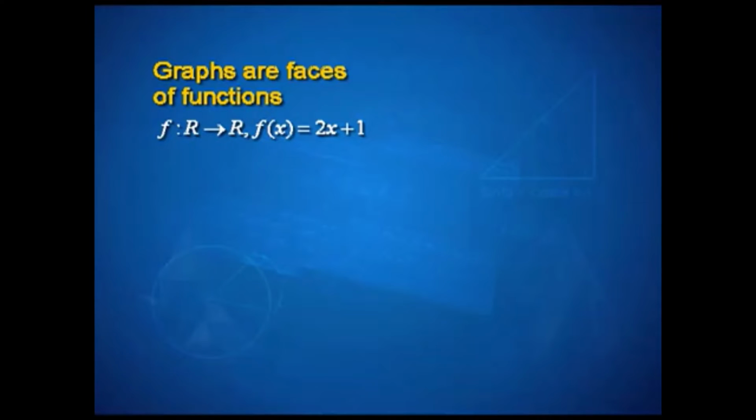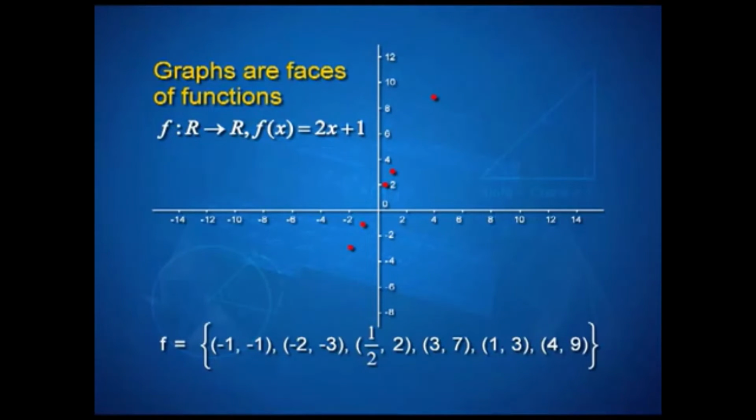Let's start with this. Suppose I have a function f from real numbers to real numbers, f of x is 2x plus 1, and I take a few of the ordered pairs in this function and I plot them in the Cartesian system. Then it just looks like random points that have been marked. But now if you look closely, this function f is going to have infinitely many ordered pairs in it, because R is the set of real numbers.